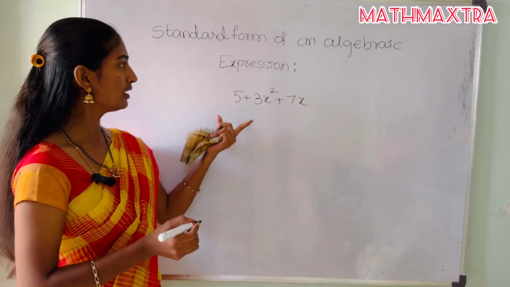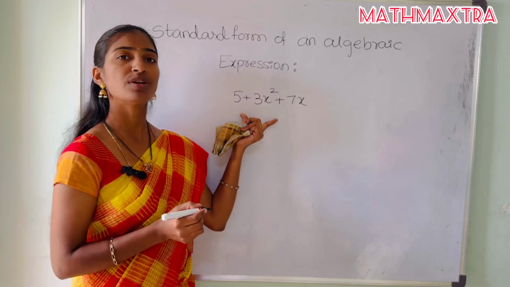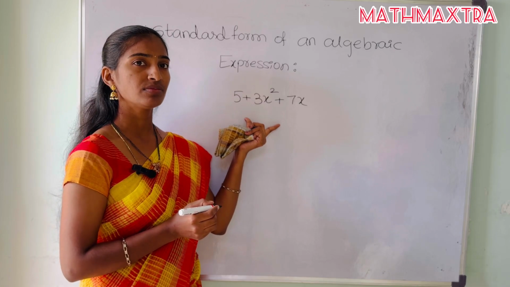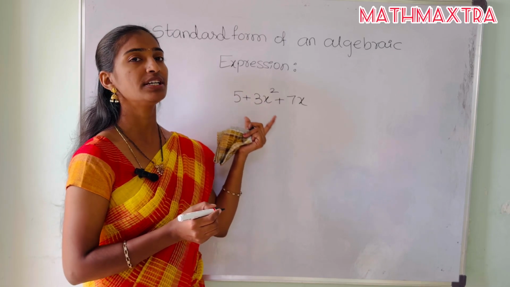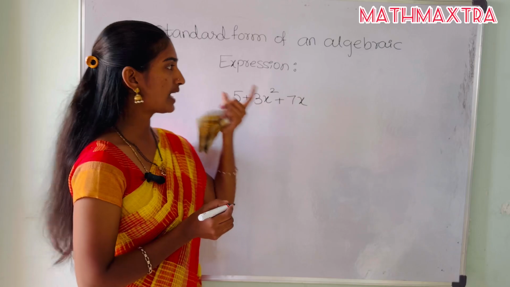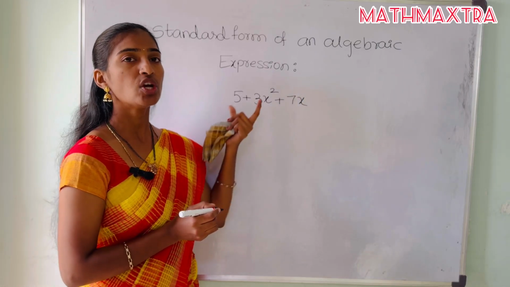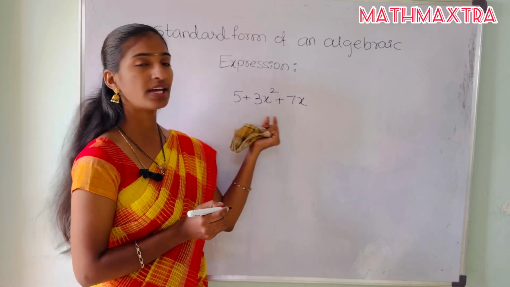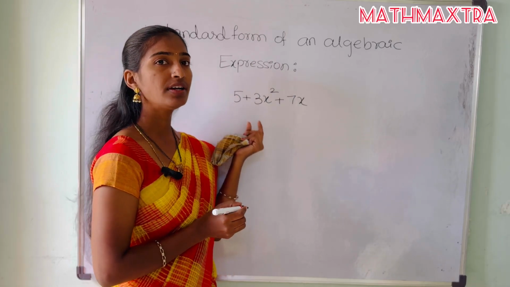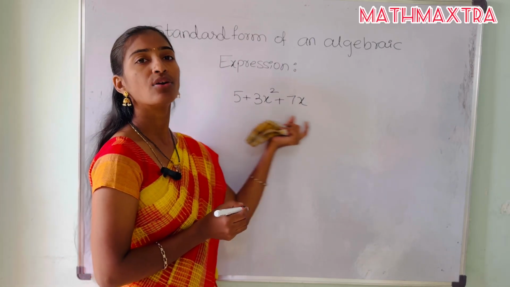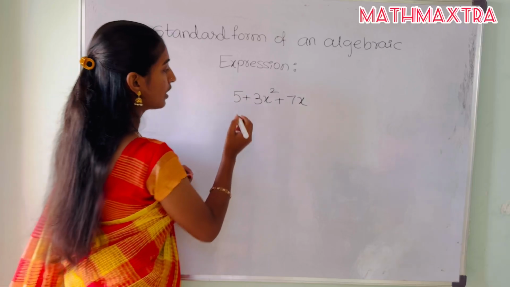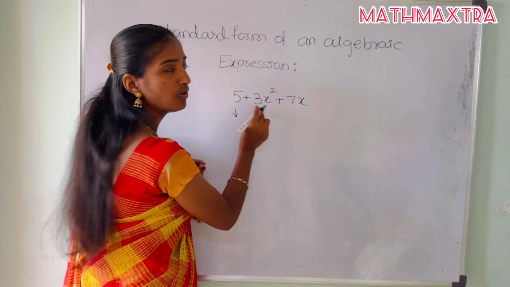Now tell me whether this given expression is in standard form. Okay, now we will define what the standard form is. Standard form is nothing but arranging the terms of the expression according to the descending order of their degrees. So first you have to find out the degree of each term.